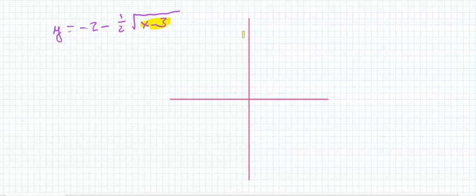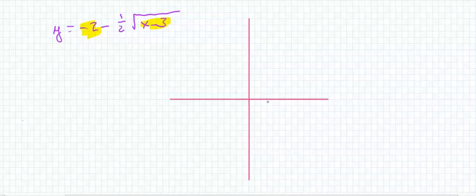So x is 3 and y is negative 2. Because this is negative, I go down. And x is positive, I go to the right.